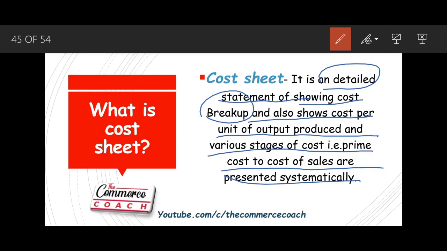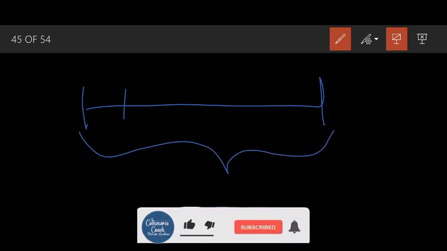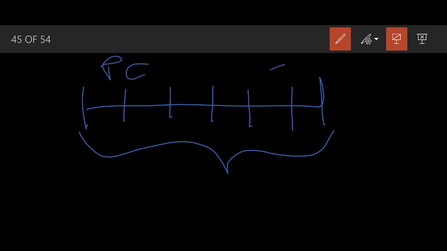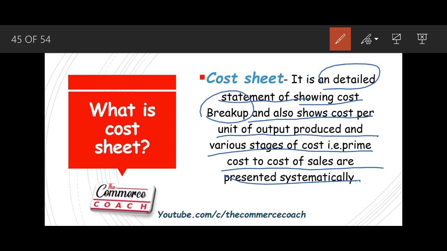Suppose this is the whole production process. At different stages we will classify the cost amount with names like prime cost and, here, total cost. We will see the cost sheet format in detailed analysis.